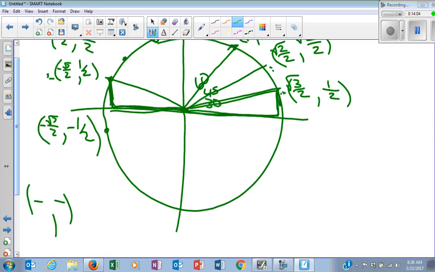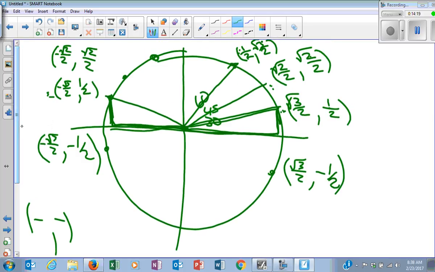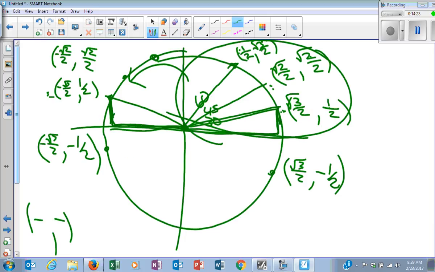And then over here, it's going to be a positive square root of 3 over 2 and a negative 1/2. And then you can fill out this unit circle with the rest of those ordered pairs. So that's why I said all you have to do is memorize this side over here, and then you can mock it over here, and over there.